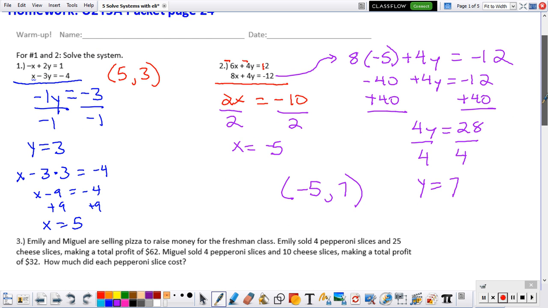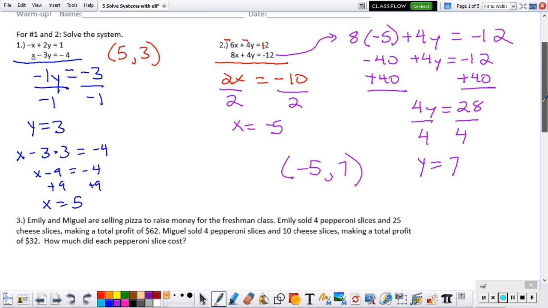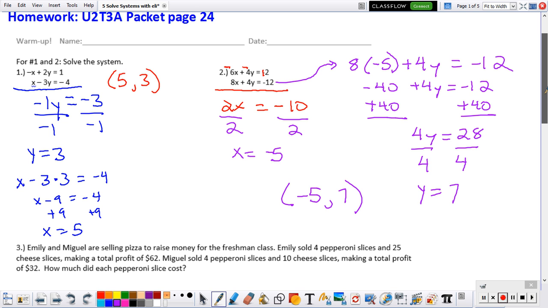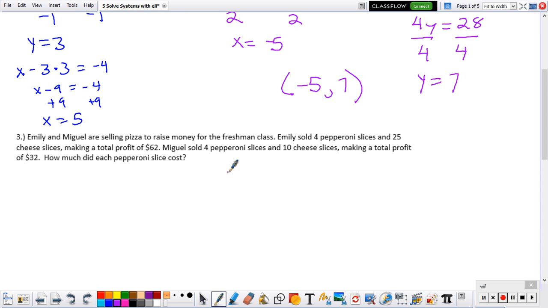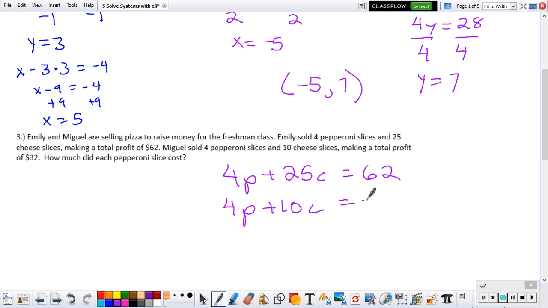Now the last problem that's on here, I'm just going to go through a little quicker because honestly, you should have it done already. Emily and Miguel are selling pizza. Emily sold 4 pepperoni, so I'm going to say 4 pepperoni and 25 cheese for $62. 4 pepperoni and 10 cheese for $32.